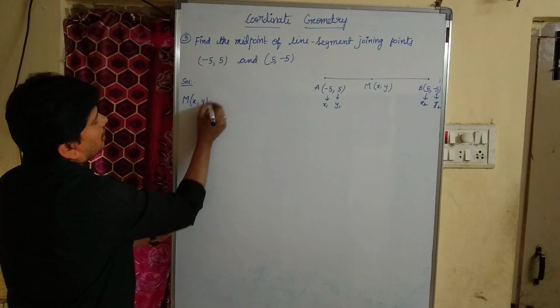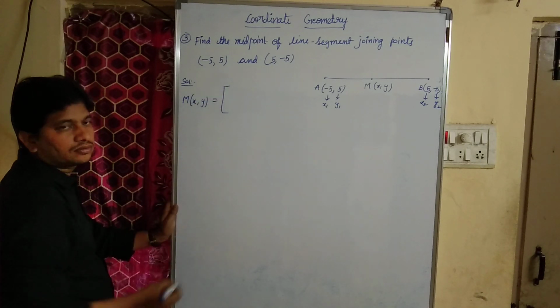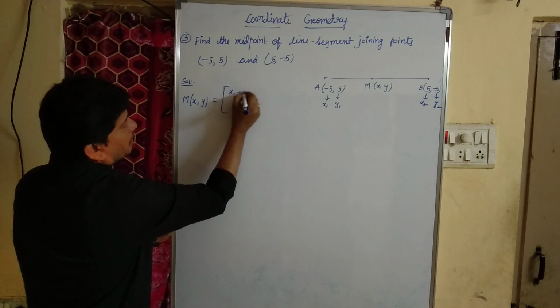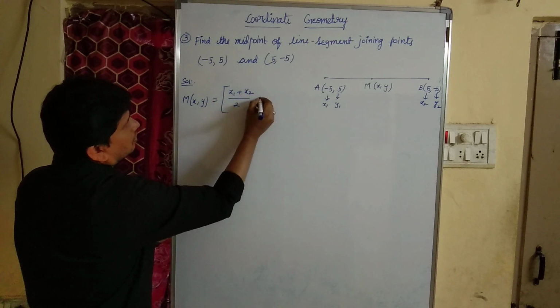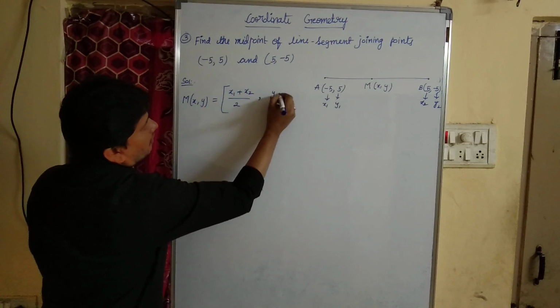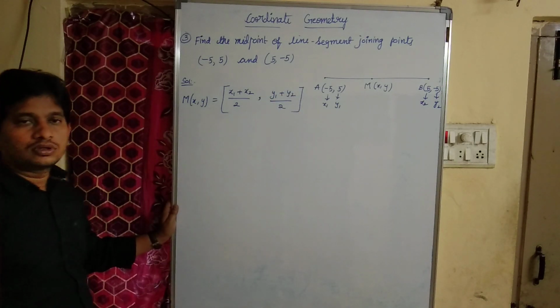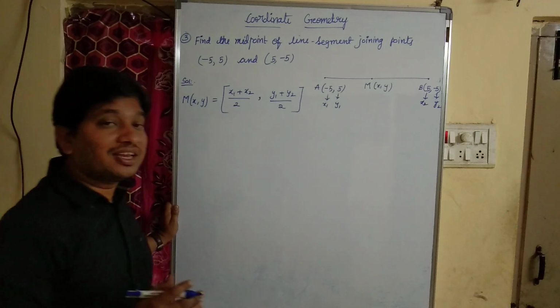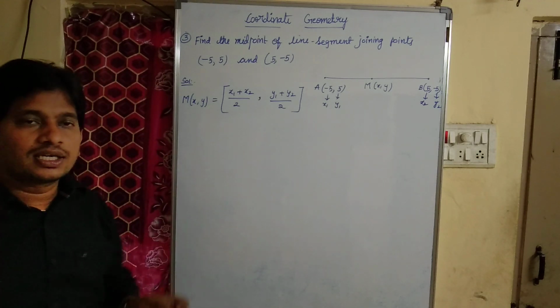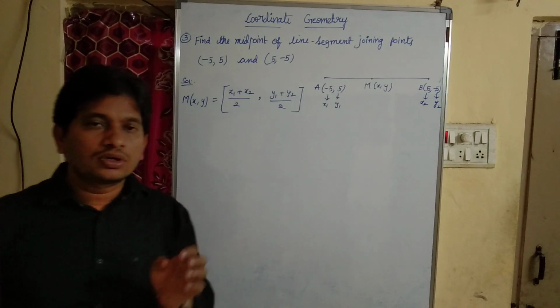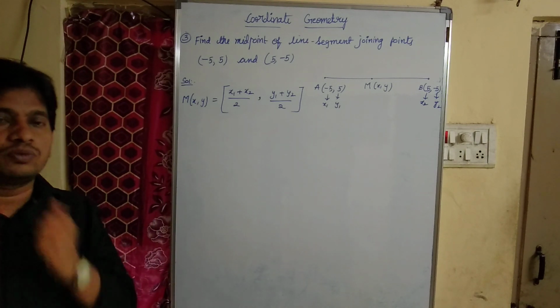That is M of x comma y equal to x1 plus x2 by 2 comma y1 plus y2 by 2. What is the formula for finding the midpoint? That is x1 plus x2 by 2 comma y1 plus y2 by 2.